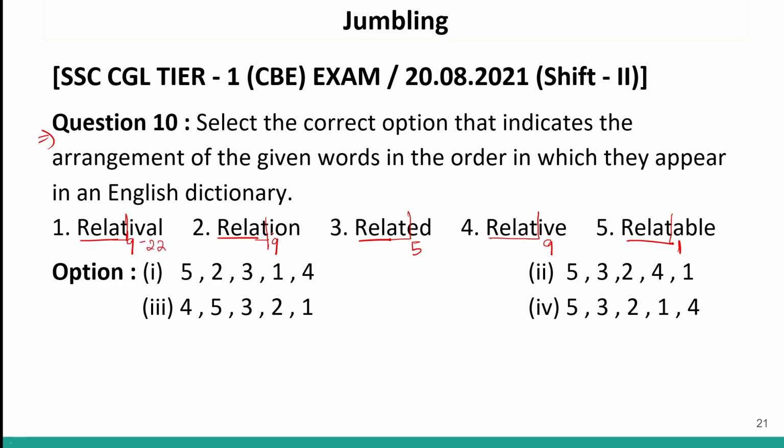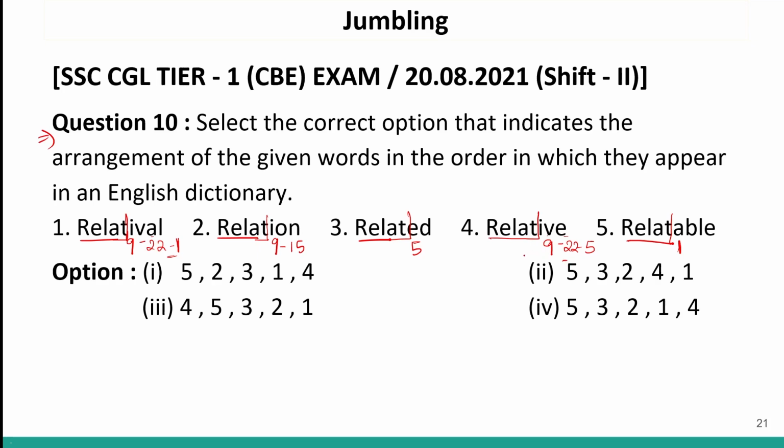Over here after I, we have O, which is 15. And over here after I, we have V, which is again 22. So between these two, after V, we have A, which is 1. After V, we have E, which is 5. So 922, 1 will come before 922, 5.